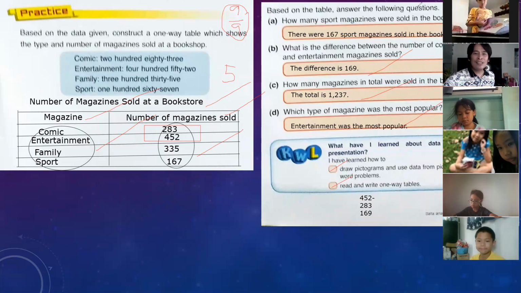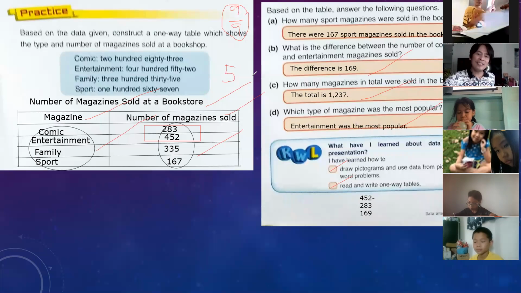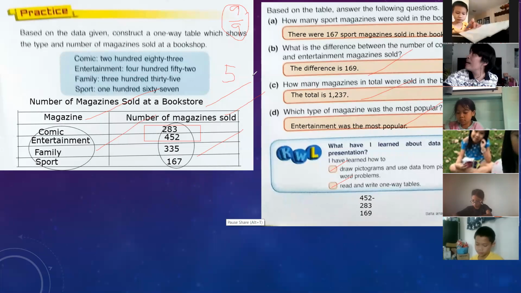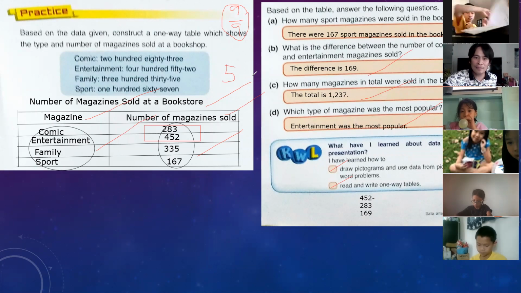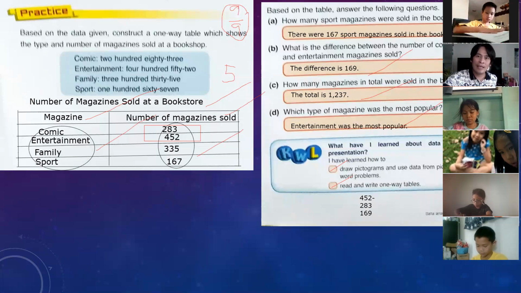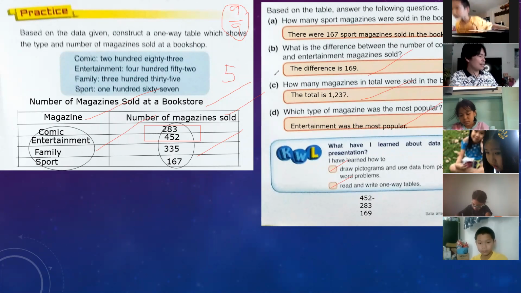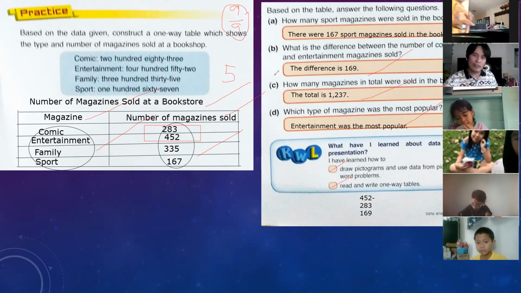Okay, now let's go to our workbook. If time is not enough, we still have 40 minutes, I think, then you come back. There are only 2 pages, so we have to finish.